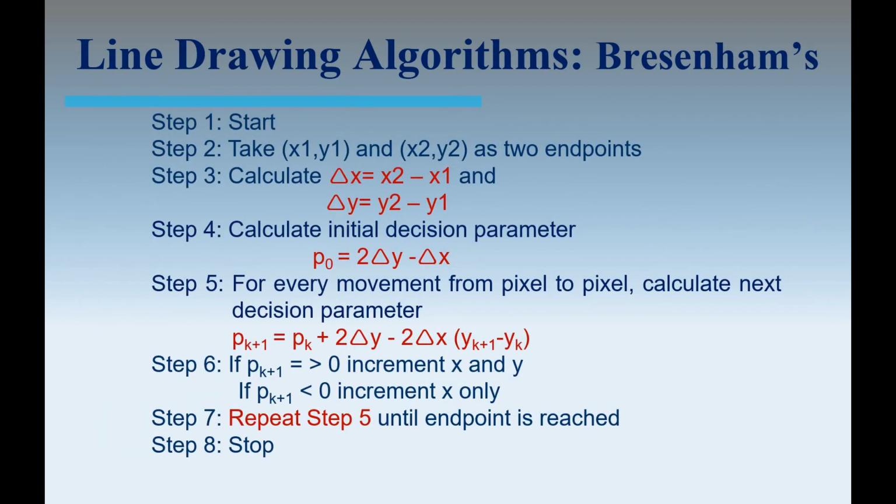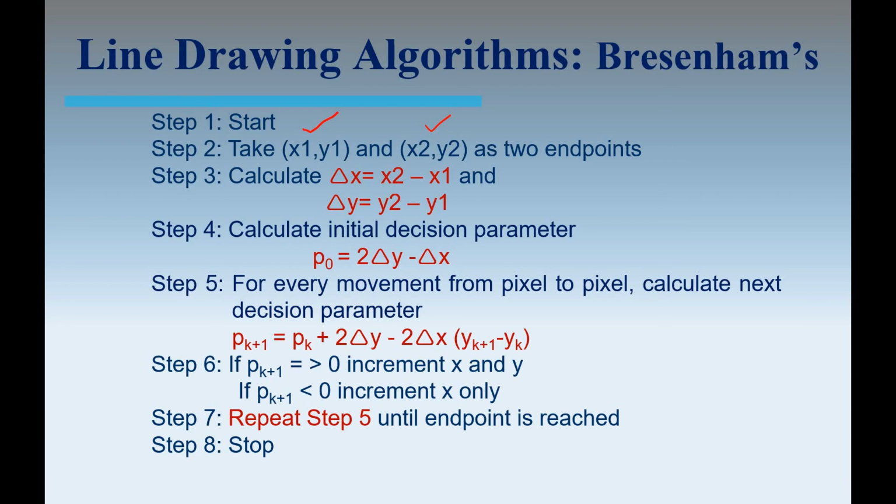Before we solve that example, let us take a look back at how the Bresenham line drawing algorithm works. This is your algorithm. You will have to remember these steps. Step 1, we start. Step 2, we take the endpoints x1, y1 and x2, y2. Now we calculate the differences, so we get Δy and Δx.